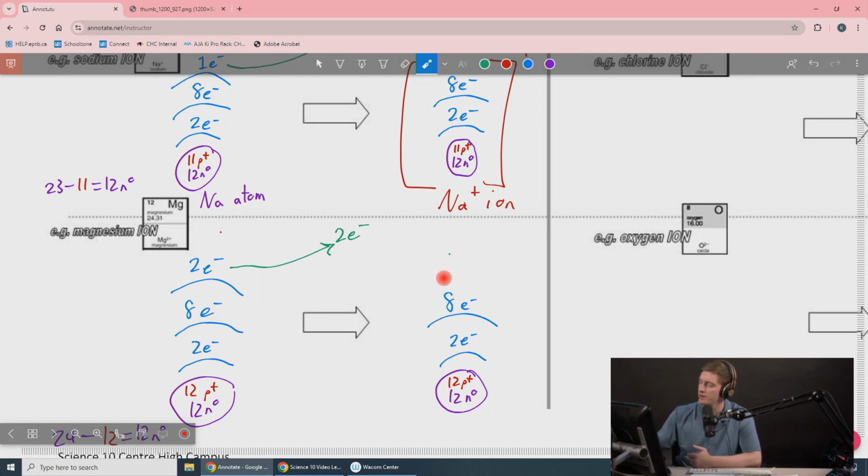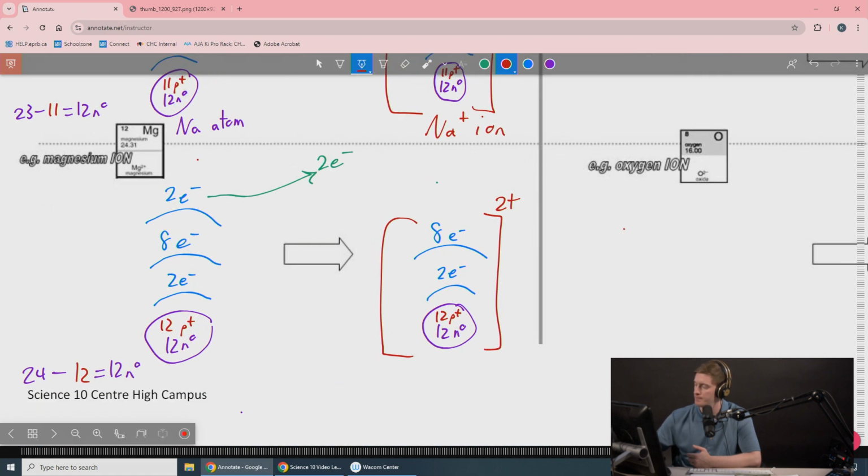The magnesium ion has the same electron configuration. It doesn't have the same nucleus though, because the magnesium ion has 12 protons in the nucleus and 10 electrons orbiting, which means it has an overall 2+ charge. This is our magnesium ion. And we put a little 2+ superscript to show that it's charged, whereas this is for a magnesium atom.